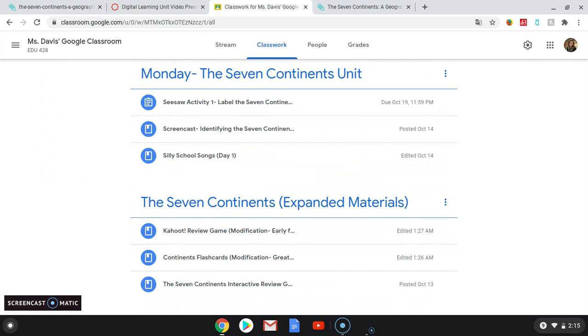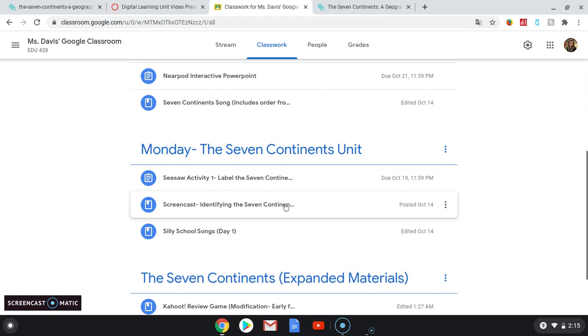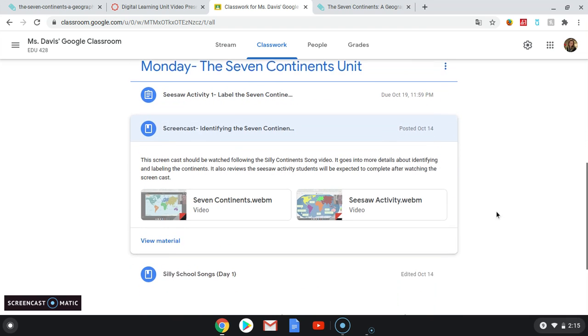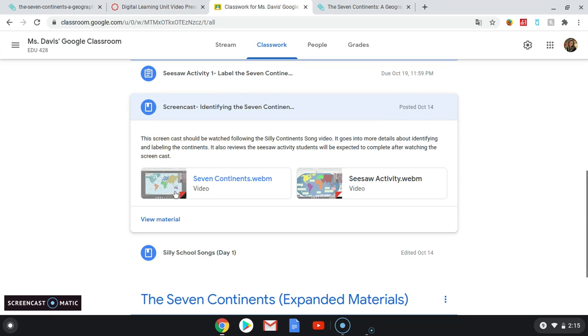In order to progress my students' prior knowledge, they started off only knowing maps, and we had done small conversations on the names of the continents, but it was very basic. So to start the unit off on Monday, I did a song that went over all the continents and a screencast where I went over this map and talked about each different continent and gave a little brief overview on where each one was located.